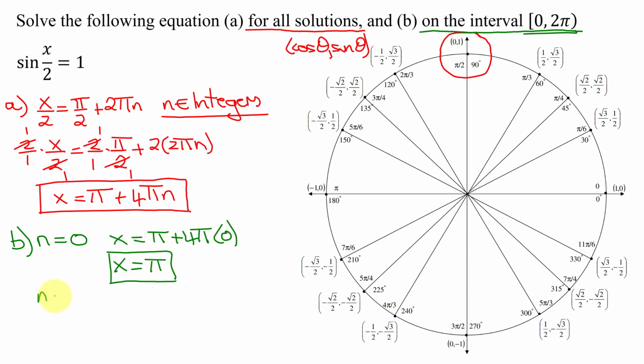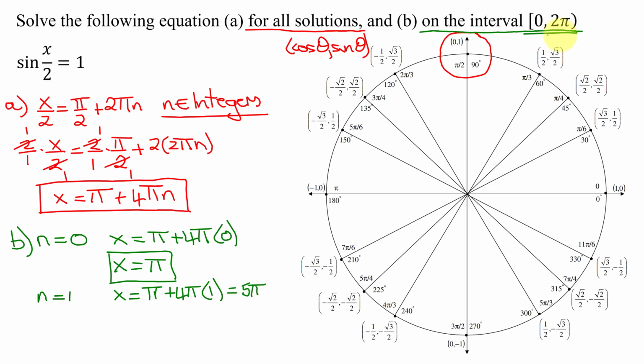Next we plug in n equals 1. I get x equals pi plus 4 pi times 1. 4 pi times 1 is 4 pi plus pi is 5 pi.